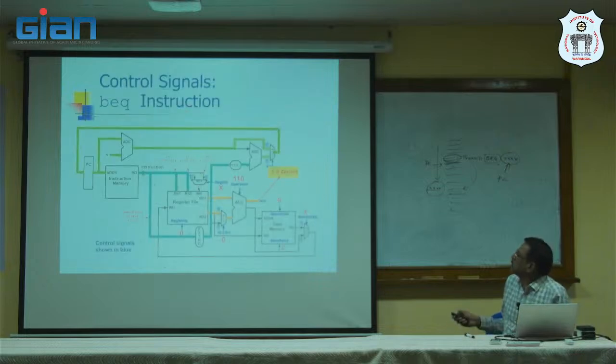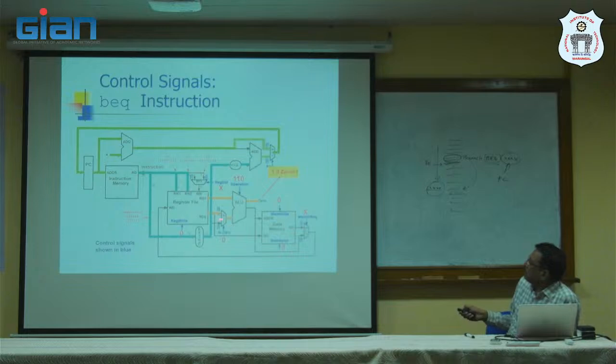Yeah, branch on equal, see how it is happening here. Because of the subtraction, if the zero flag is equal to 1, then the destination address is computed, and this address is added with the PC plus 4. The branch is taken if zero is equal to 1.